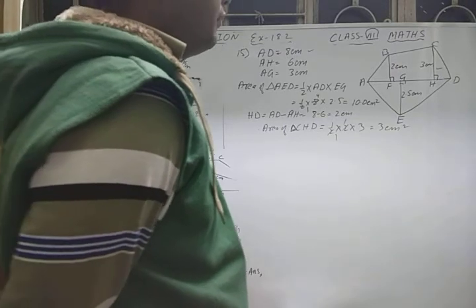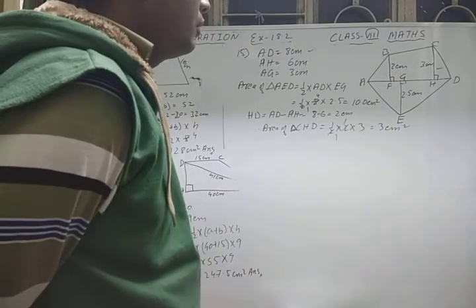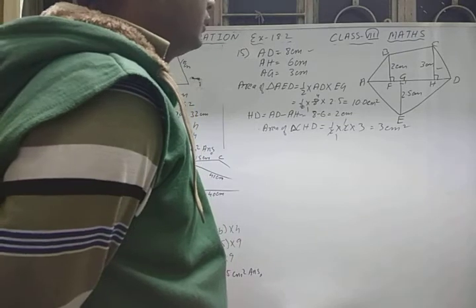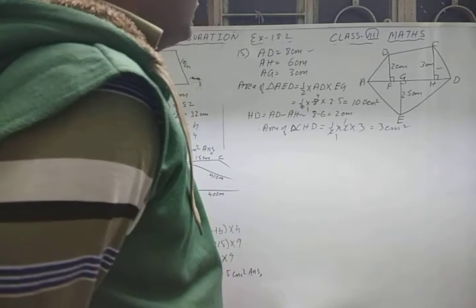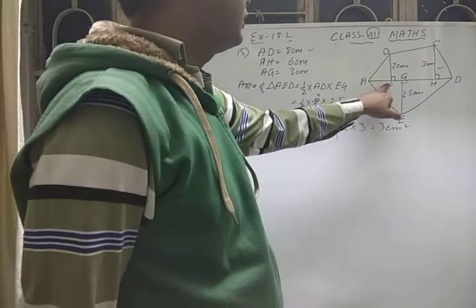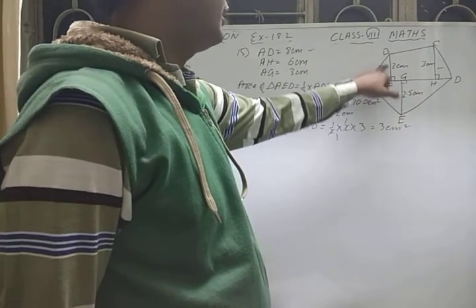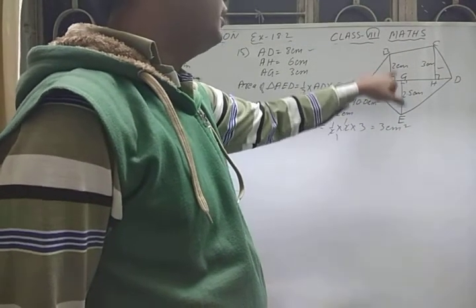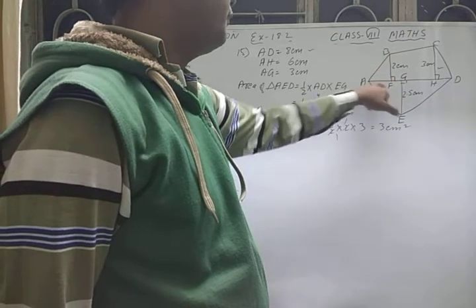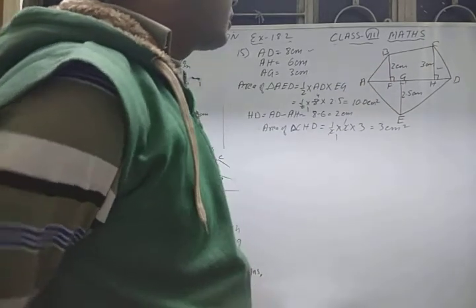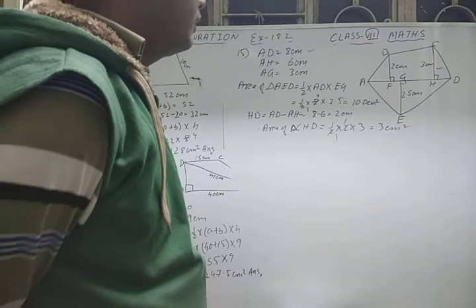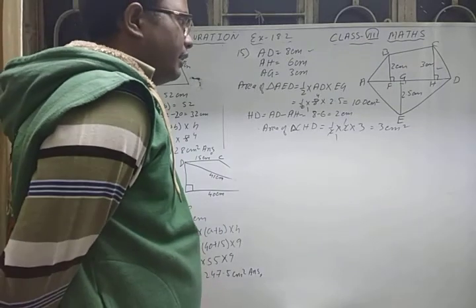Once you get the length of HF, it will be easy for you to find the area. And also, if you get the length of AF, then also you will get the area of this triangle BFA. Okay. So first of all, you have to find the length of HF.